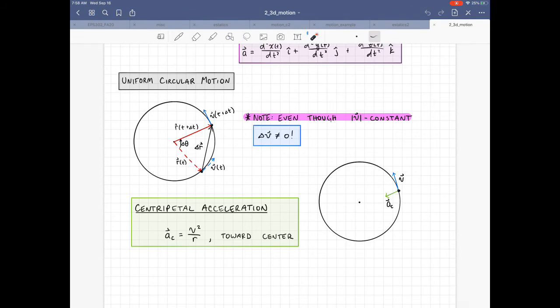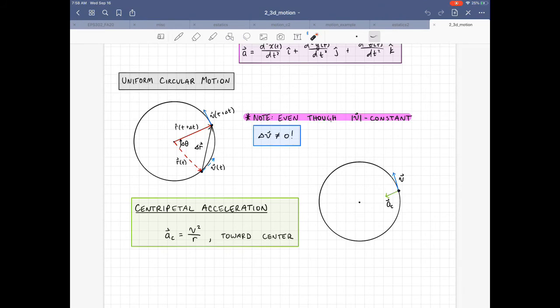So the main concept that I want you to think about here is that in one-dimensional motion, when an object accelerates, there's basically two options. It's either speeding up or slowing down. But that is not the only two ways that an object can accelerate. An object accelerates when the velocity changes, and velocity can change in magnitude, but it can also change in direction.